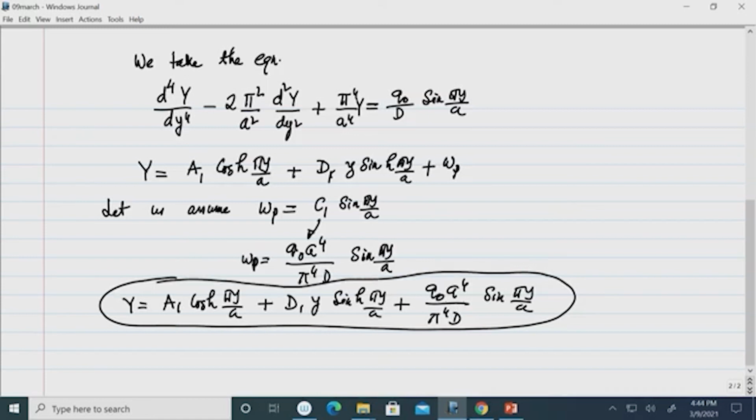Now, let us impose the boundary conditions to determine the constants a 1 and d 1. That can be done by giving two conditions at y equal to a by 2: the deflection is 0 and the slope is 0.